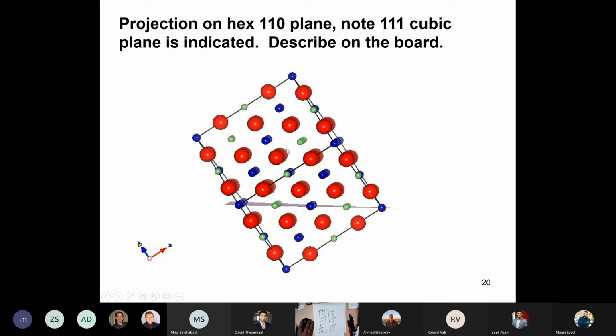So the oxygen atoms in the spinel structure have the exact same arrangement as the oxygen atoms in the layered materials like lithium cobalt oxide and lithium nickel oxide and NMC and so on. And now if you look at the planes in between these oxygen atoms, for lithium cobalt oxide, you would have a plane that was completely full of cobalt, and then a plane that was completely full of lithium.